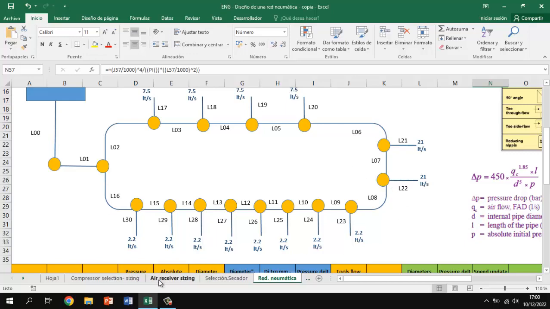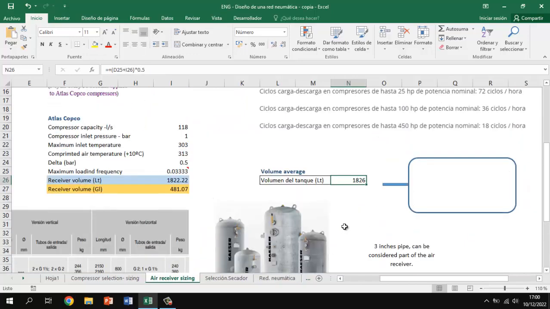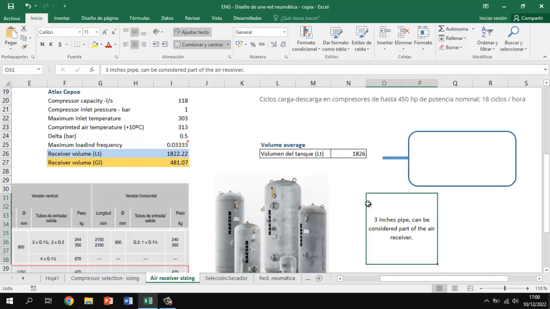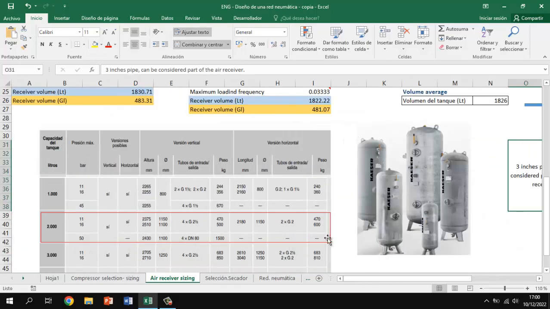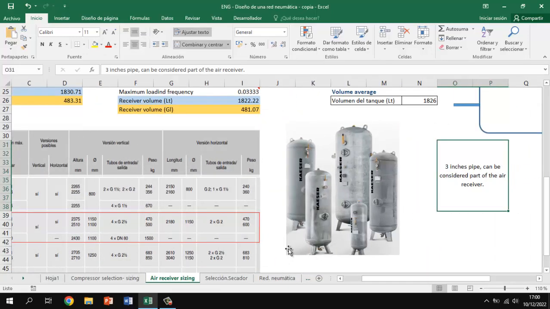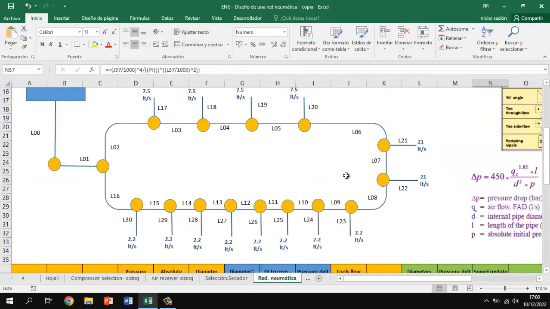What does it mean? You calculate your volume for your air receiver, then you subtract your internal volume for your distribution pipe.